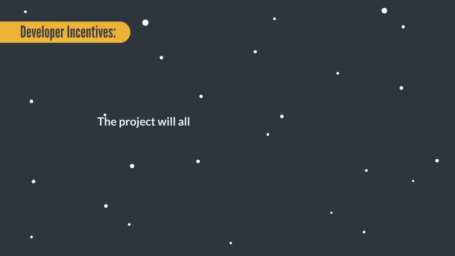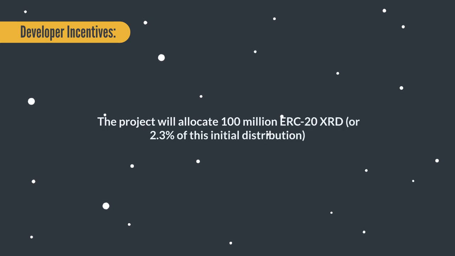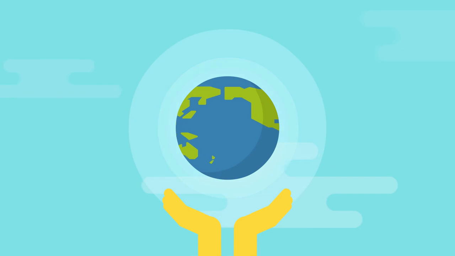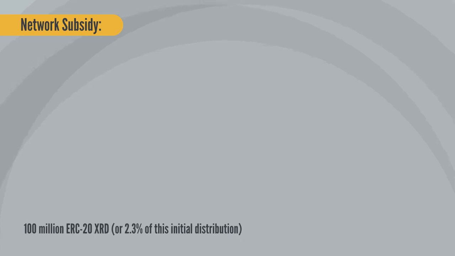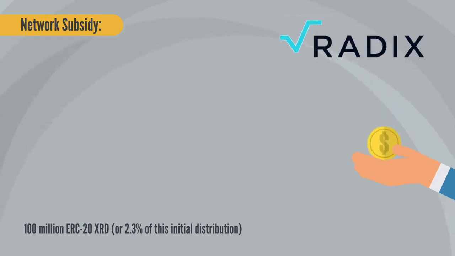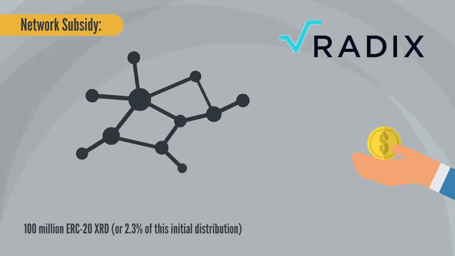The project will allocate 100 million ERC20 XRD, or 2.3% of this initial distribution, to ecosystem developers and projects to help bootstrap network development. Network subsidy. 100 million ERC20 XRD, or 2.3% of this initial distribution, will go to a fund controlled by the Radix Foundation to incentivize DeFi and performance-related activities on the network.